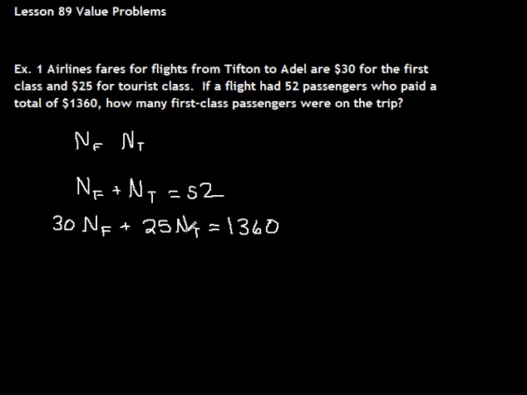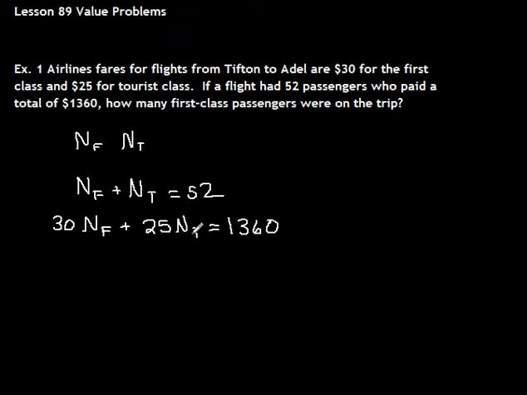And if we had three tourist tickets, that would be $75, and you can see that that's not going to give us 1,360. Now I guess what you guys did was you just plugged in numbers here until you got 1,360. But let's try to do it by either elimination or substitution.